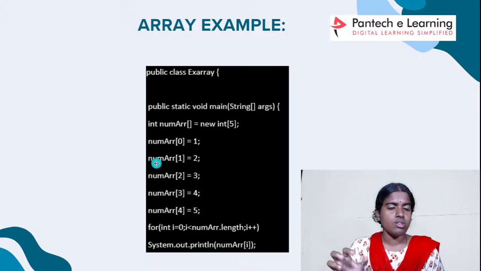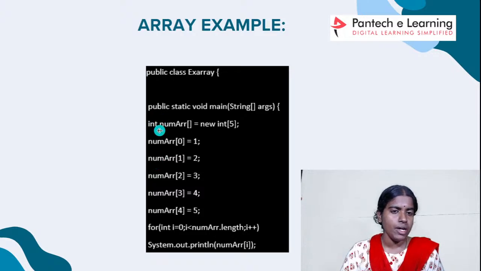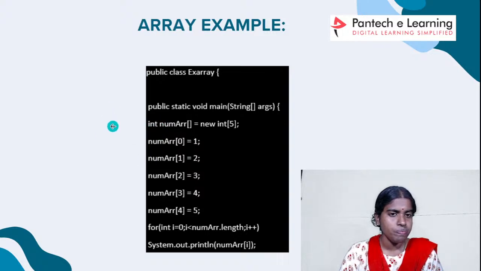If I want to store some character constants, it can be prepended by a char data type. Whatever type of elements I want to store inside my array, it is prepended by the corresponding data type.